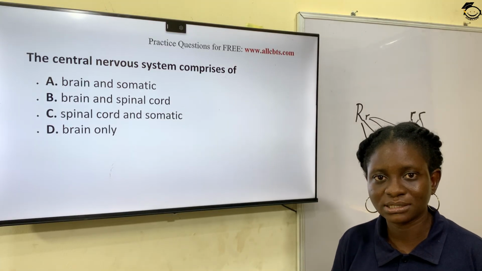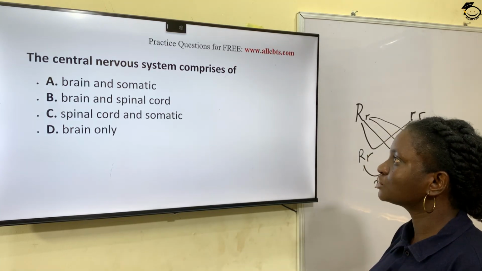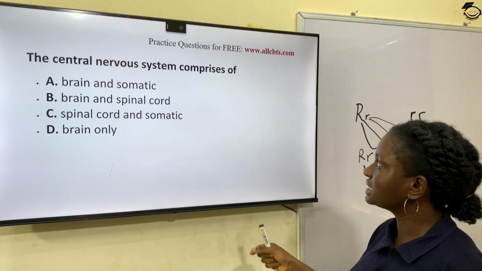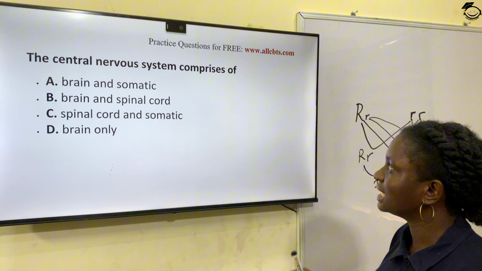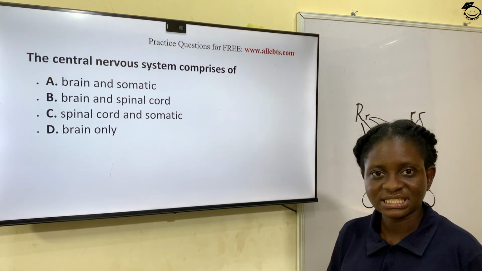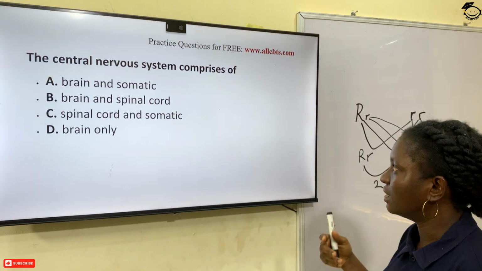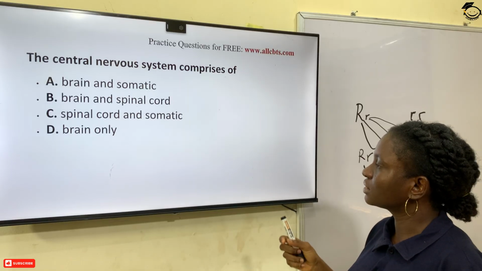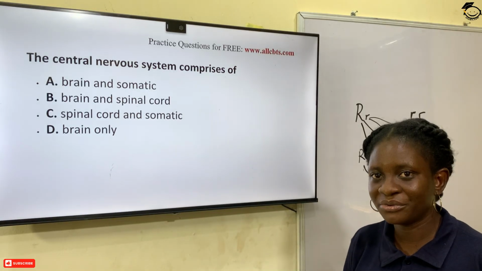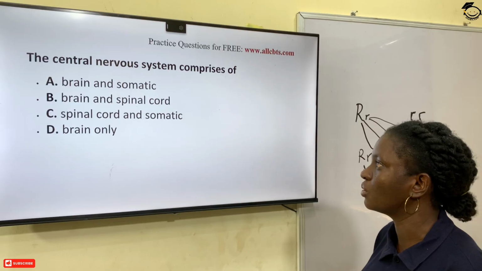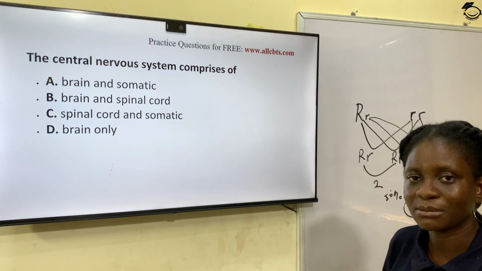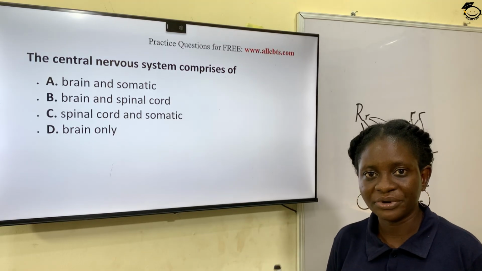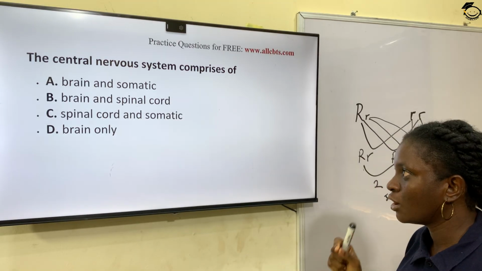Touching a hot substance, you respond immediately. So does it comprise the brain and somatic? That is not the central system, that is the peripheral nervous system. So the correct answer is brain and spinal cord. So the central nervous system comprises the brain and spinal cord.